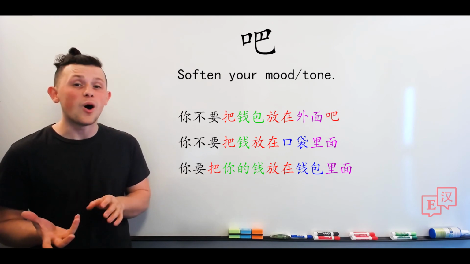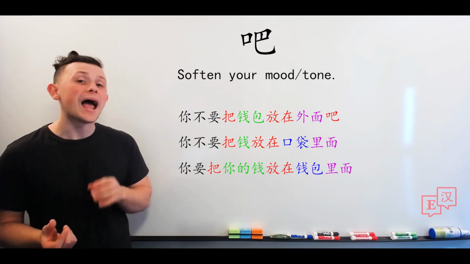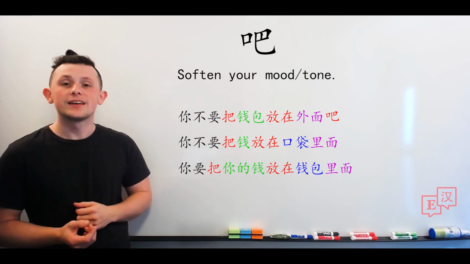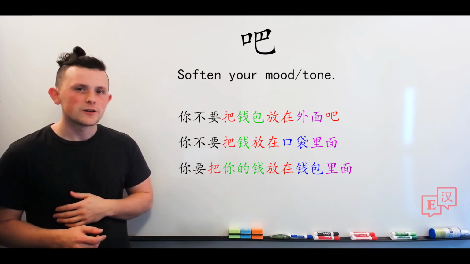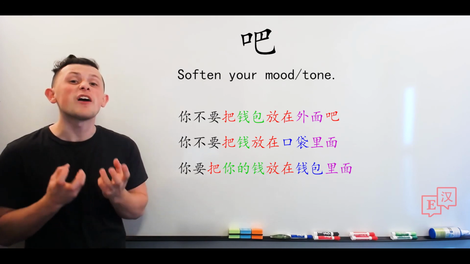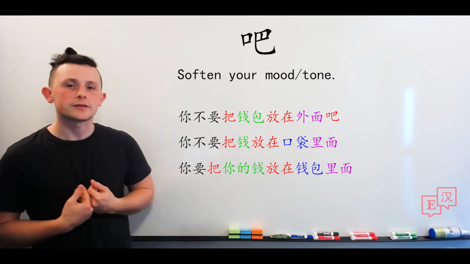你不要把钱包放在外面吧。That's more like, hey, you shouldn't put your money outside, versus do not put your money outside. The ba softens the tone. It makes it more of a suggestion rather than a command.